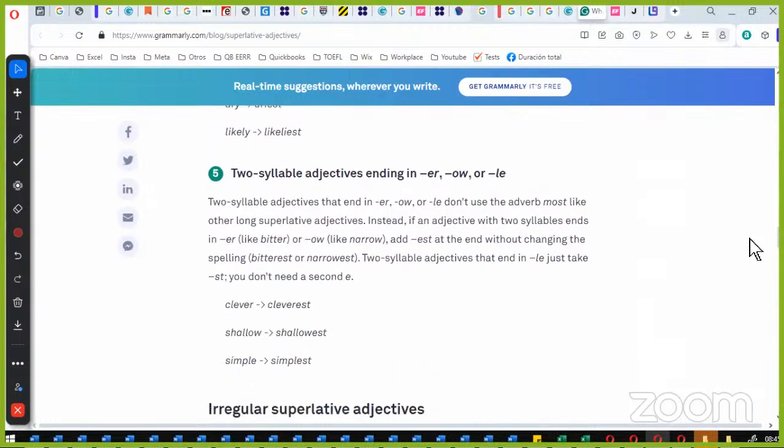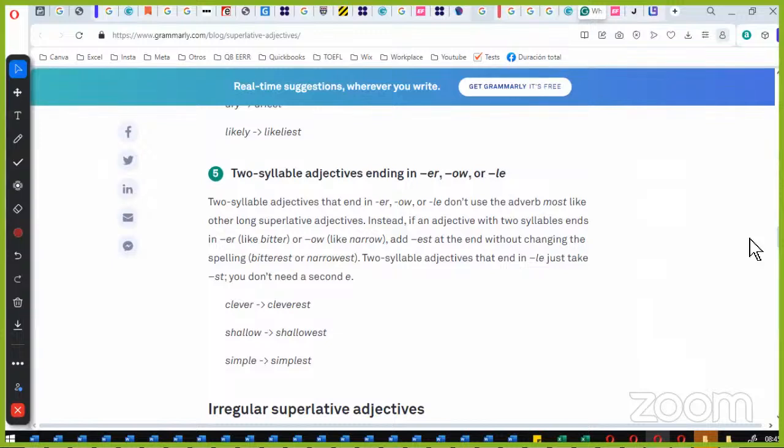And two-syllable adjectives ending in er, o, or le. Two-syllable adjectives that end in er, o, or le don't use the adverb most like other long superlative adjectives. Instead, if an adjective with two syllables ends in er, like bitter, or o, like narrow, add est at the end without changing the spelling: bitterest or narrowest.